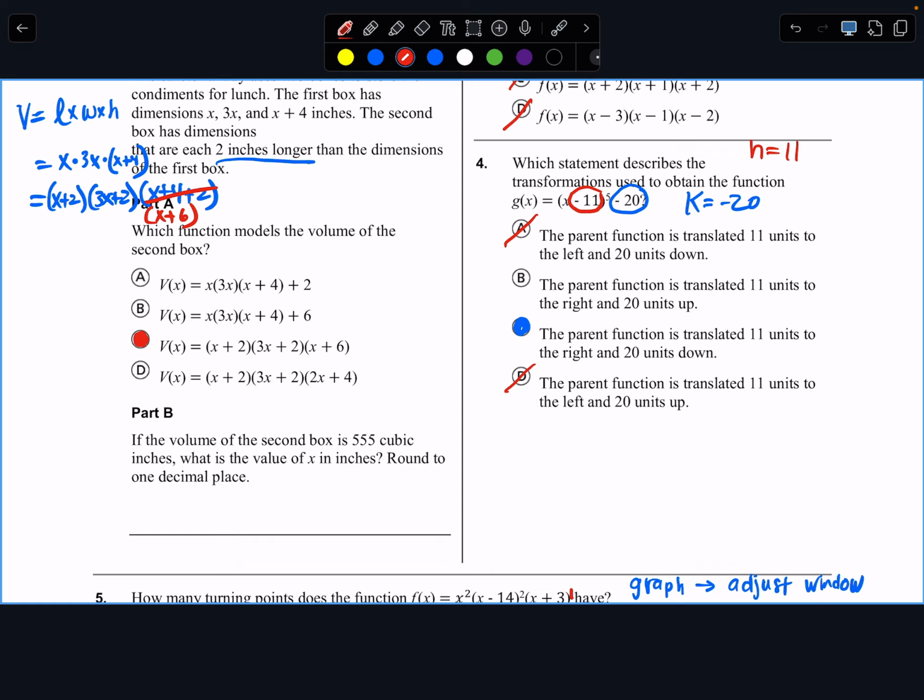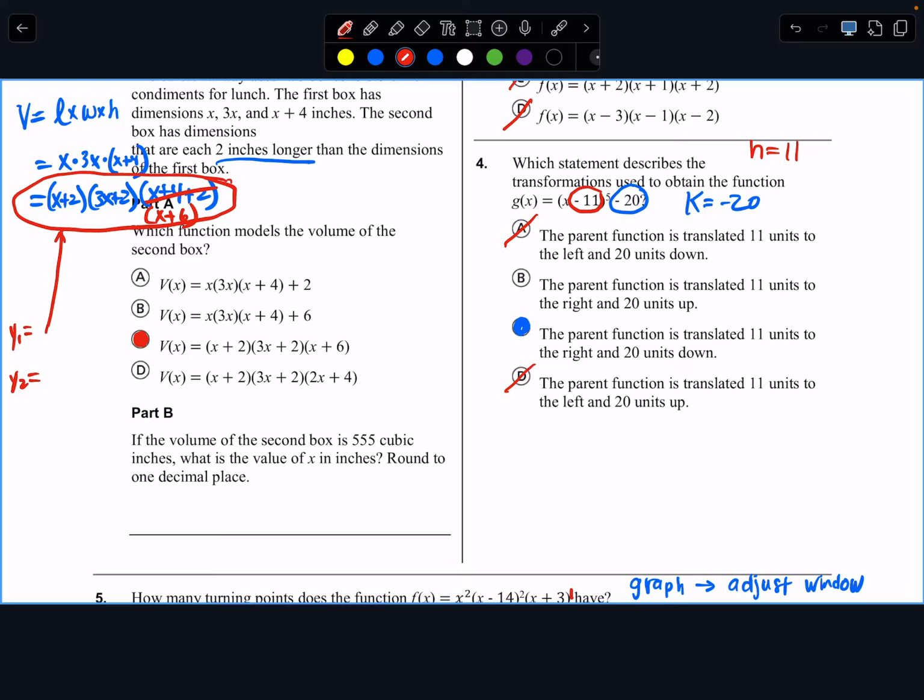To solve this, think about it. How do we solve for x when we graph it? Y equals, and you're going to type in your volume for the first line. This is extra credit, so if you don't know how to do this, don't worry about it.